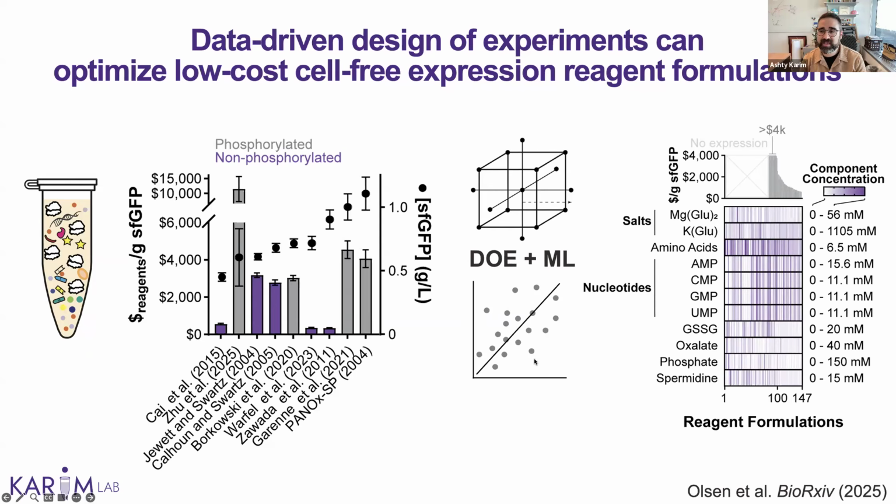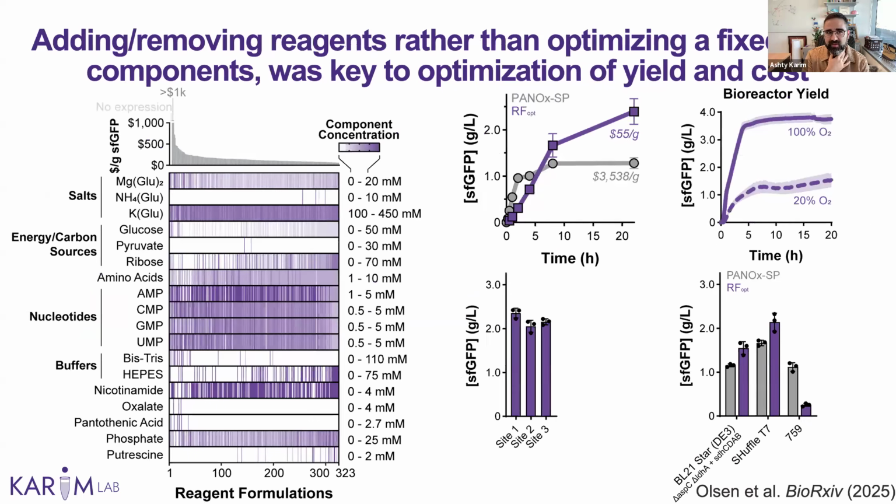And what's nice about this is we can actually reduce the cost per gram of GFP produced, but we start to hit bottlenecks or roadblocks that are hard to understand. And so one thing that we found is that by adding and removing reagents, rather than optimizing a fixed set of components, this was key to optimization of yield and cost.